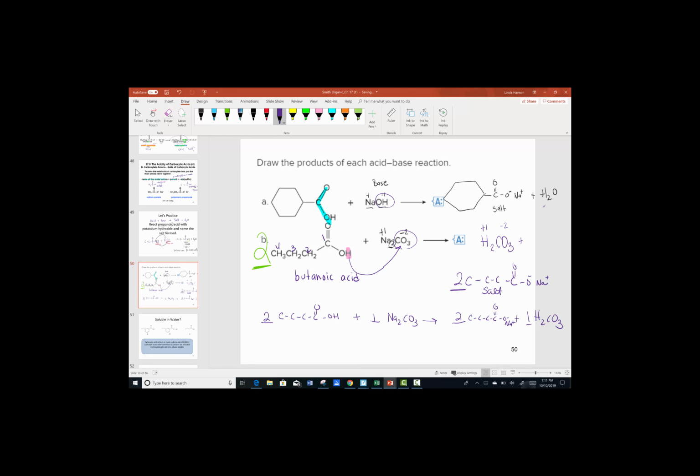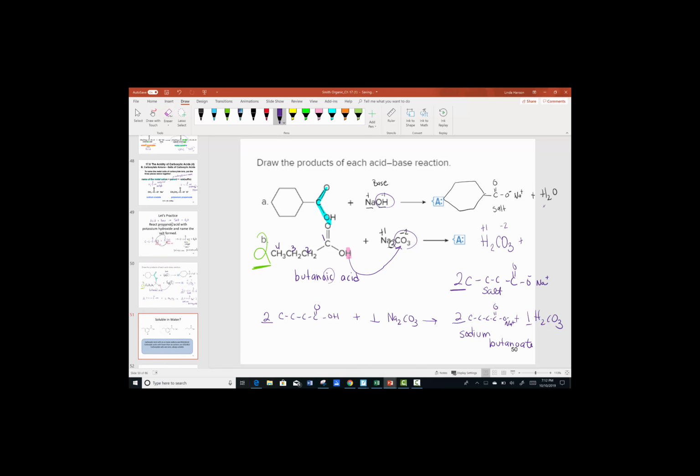We can practice naming this butanoic. The ic turns to ate, and the name of this salt would be sodium butanoate for the salt name.